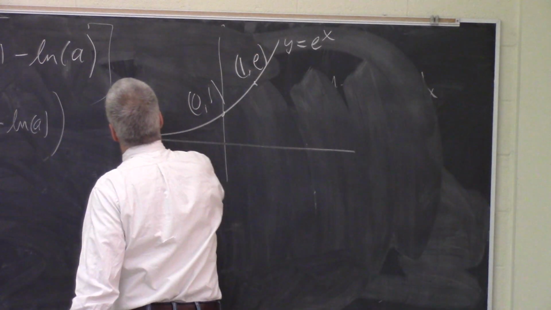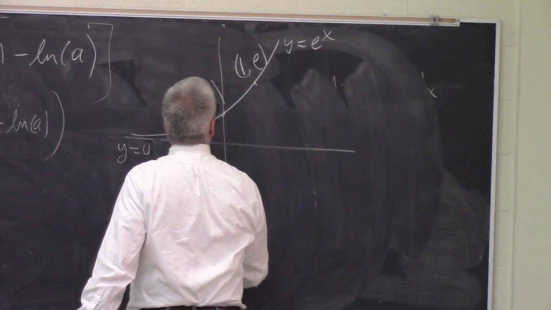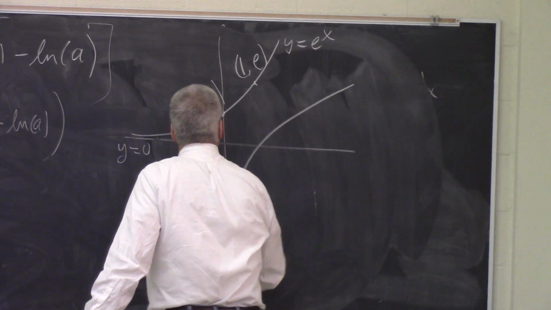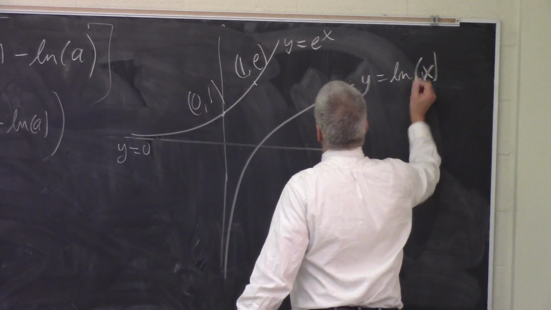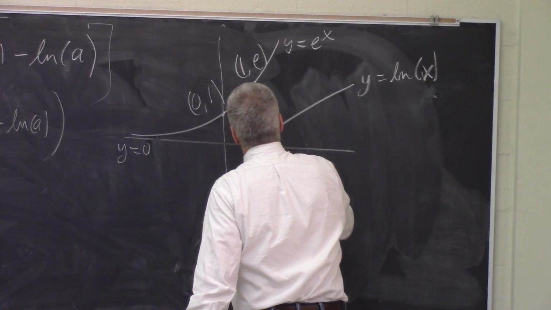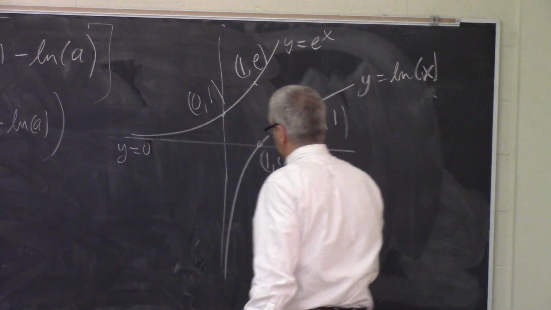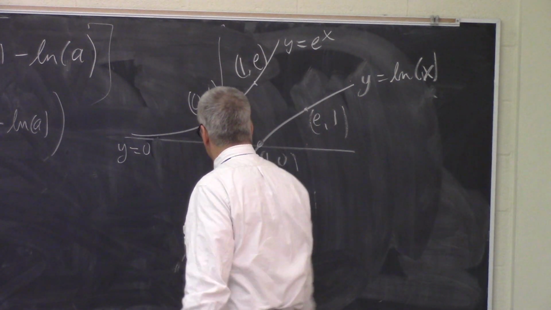And it has an asymptote on the left that's y equals 0. So the graph of y equals ln of x is the inverse function for this. It goes through 1 comma 0. It goes through e comma 1. And it has a vertical asymptote with line equation x equals 0.